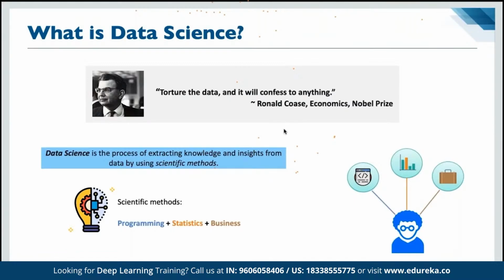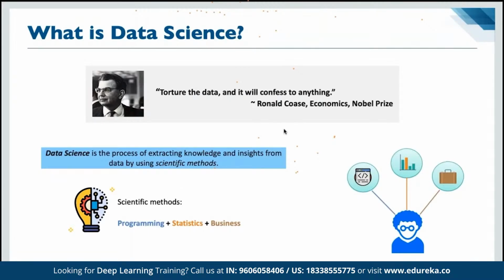However, from the business perspective and the practical scenario, we apply scientific methods, which are a blend of mathematics, statistics, and other technical expertise, including tools which can be programming, visualization, or big data tools. And when we cap all of this with business domain expertise, we say we are using scientific methods.